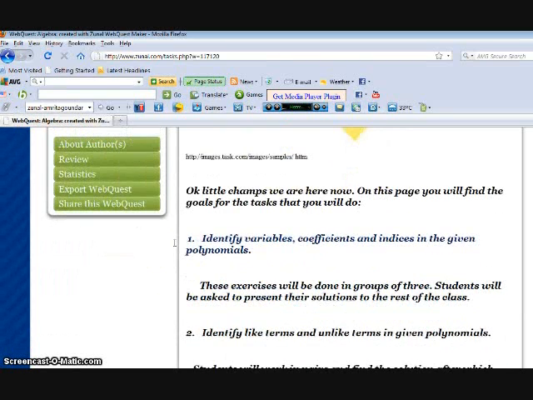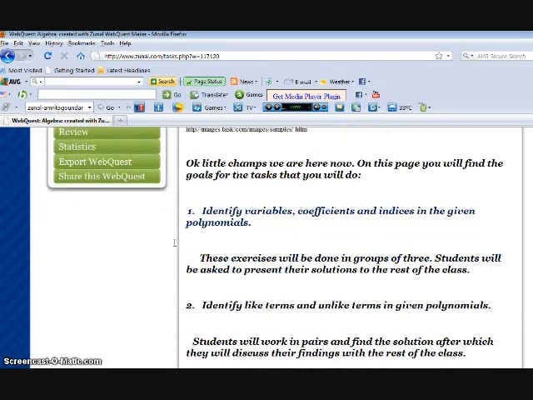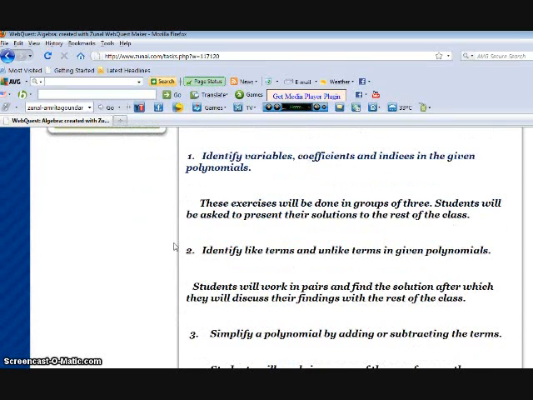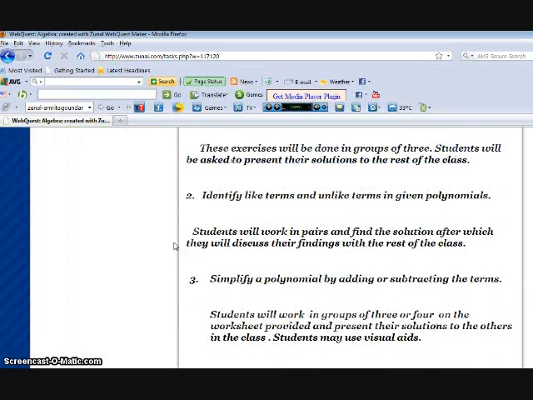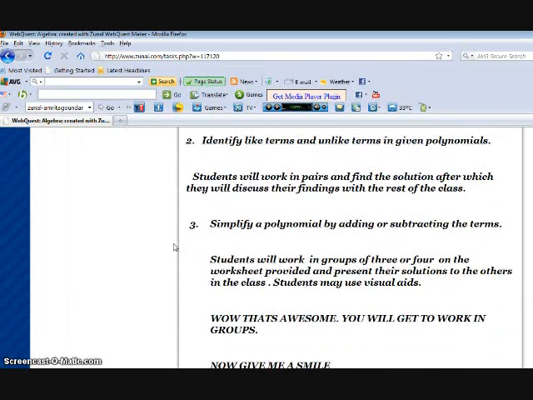For example, in this web quest, the first task that they will perform is identifying variables, coefficients, and indices. Task 2 is identifying like terms and unlike terms, and task 3 is on simplifying polynomials and subtracting the terms. For the task, the students are to work in groups.